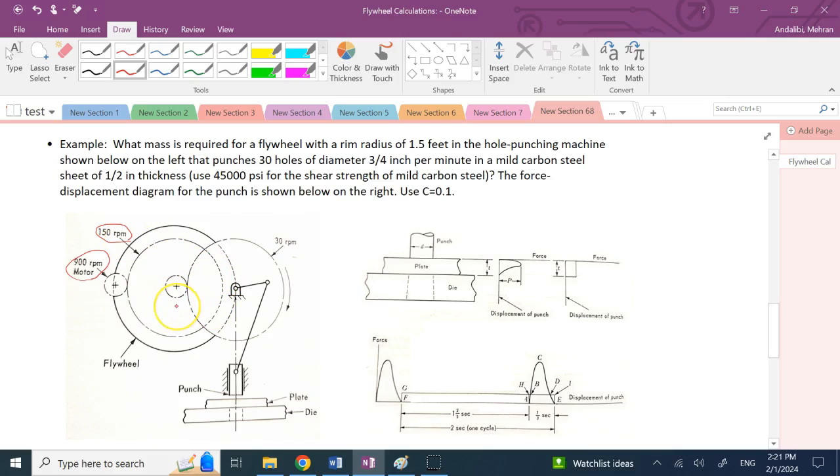Then the flywheel is driving your crankshaft here, again through a gear, between these two is a gear. So your RPM goes down further to 30. And so the crankshaft rotates at 30 RPM, and it drives this slider crank mechanism. It makes this piston go up and down.